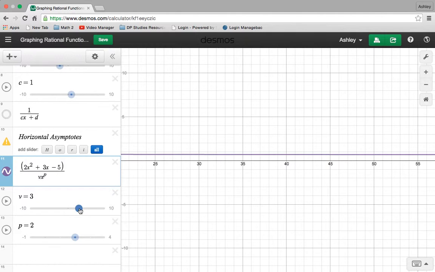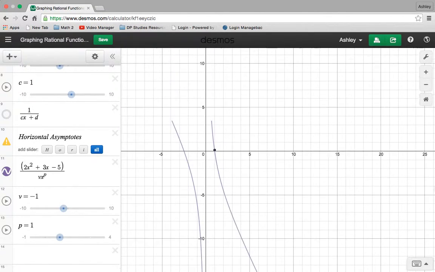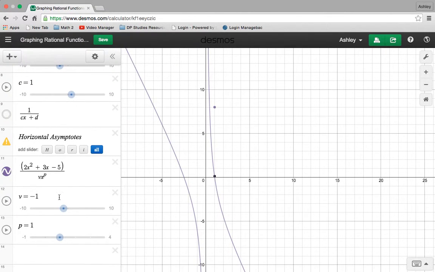So if this were -1, 2 divided by -1 gives us -2. Now, if this guy right here is 2 and this p right here is smaller, like for instance it's a 1, you have to actually divide the two functions by each other and you get something kind of icky and messy.